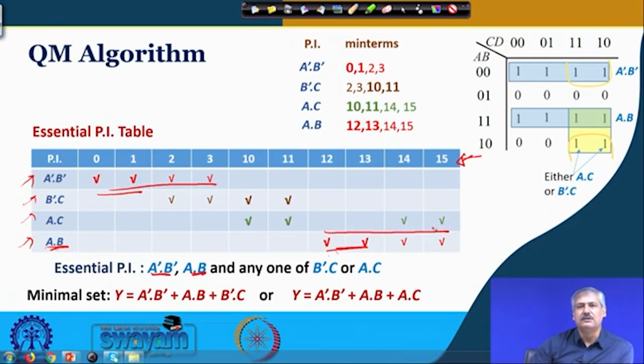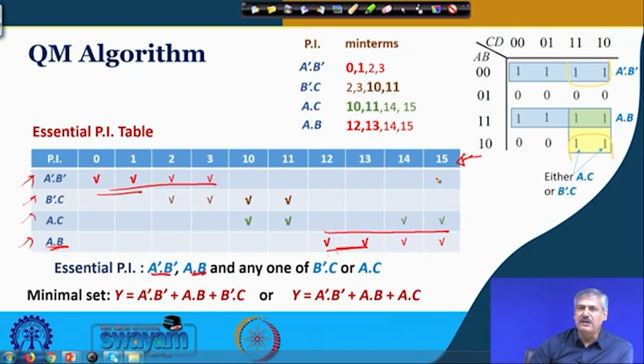Now, when A prime B prime and AB are included, these need to be considered in the SOP form, right. So, what are the min terms that remain yet to be covered? They are 10 and 11, because A prime B prime and AB are covering 0 1 2 3 12 13 14 15.